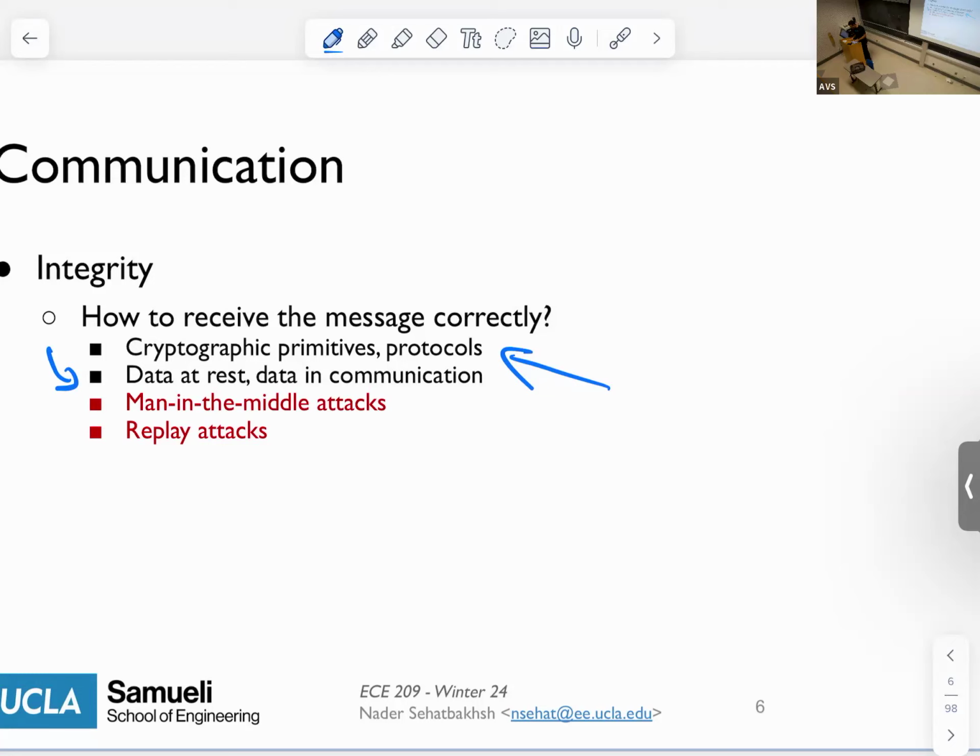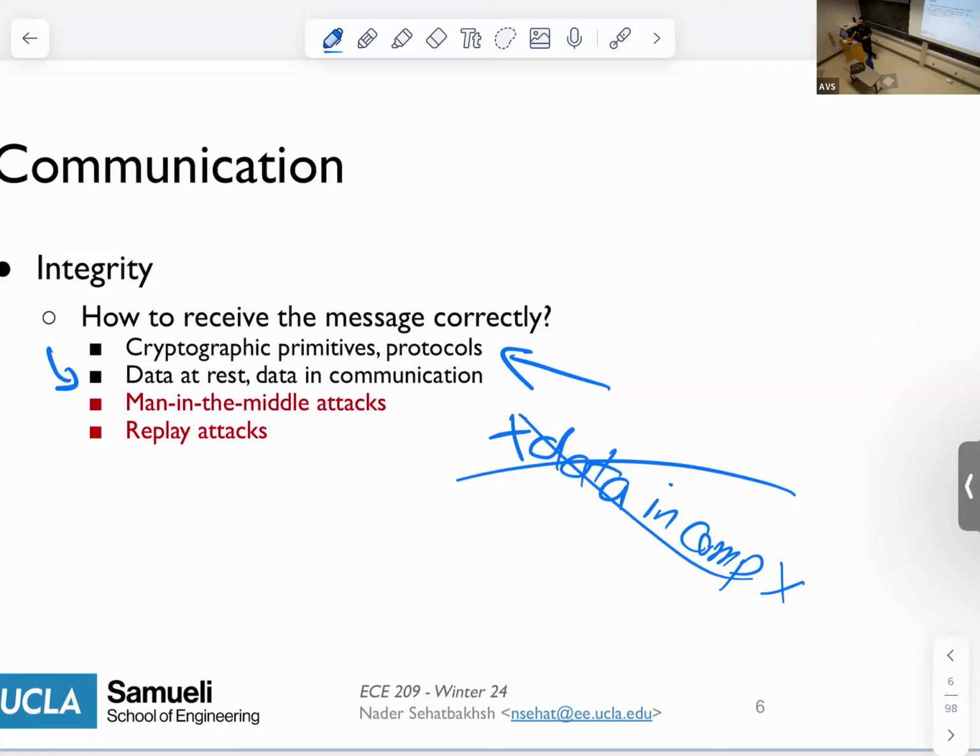There's this third one called data in computation, which most of these cryptography methods really don't do anything about. But the interesting thing is that there's a lot of work on securing the integrity and confidentiality of data during computation as well. Again, this is not something that we're going to talk about, but just know that it exists.